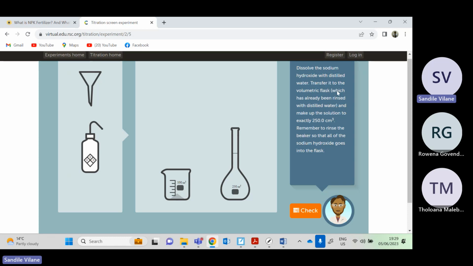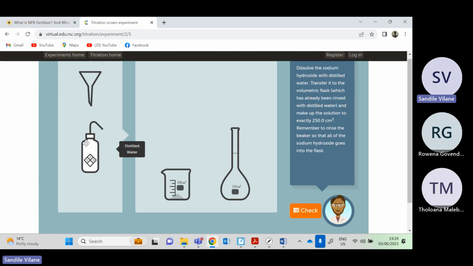Transfer it to the volumetric flask, which has already been rinsed with distilled water, and make up the total volume. So remember to rinse the beaker so that all of the sodium hydroxide is put into this. This is called the volumetric flask.